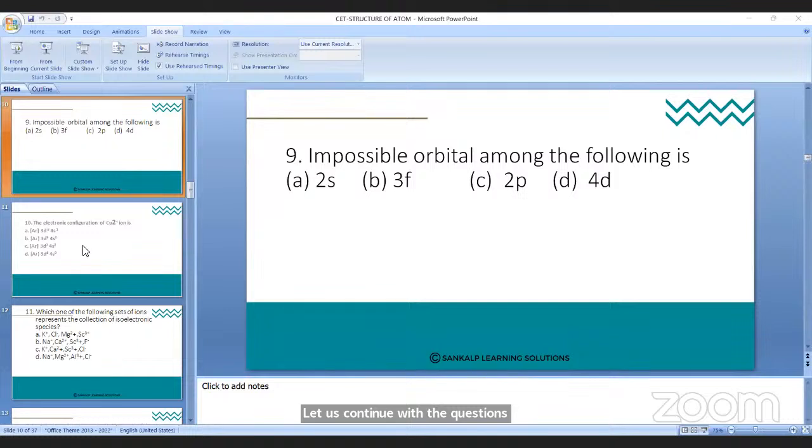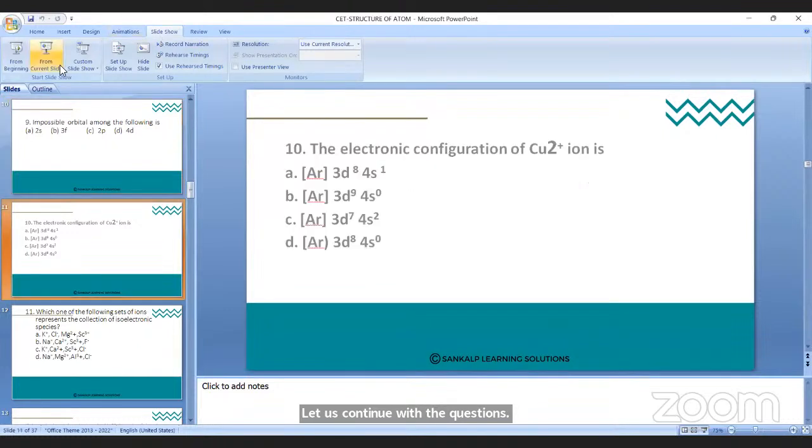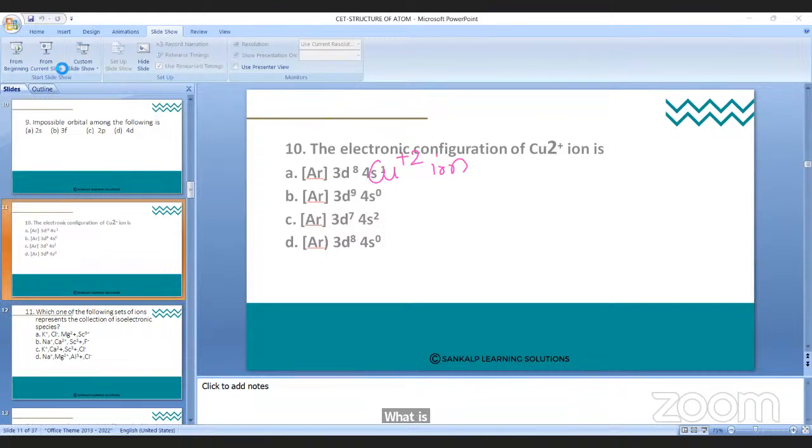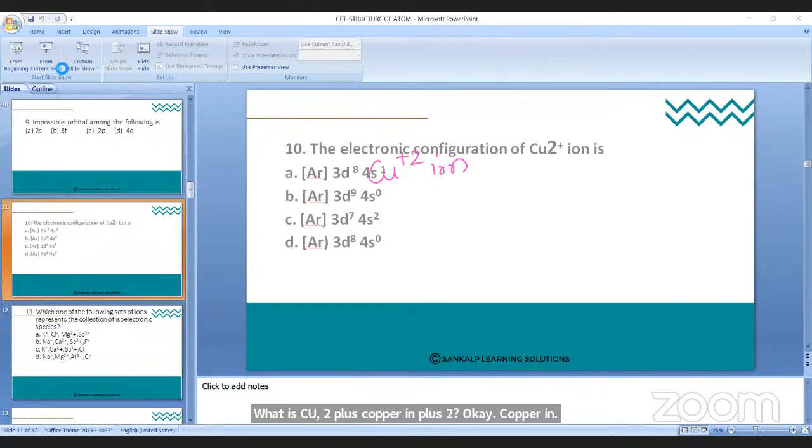Next question. The electronic configuration of Cu2+ ion is. What is the electronic configuration of Cu2+ ion? What is Cu2+? Copper in +2 state.